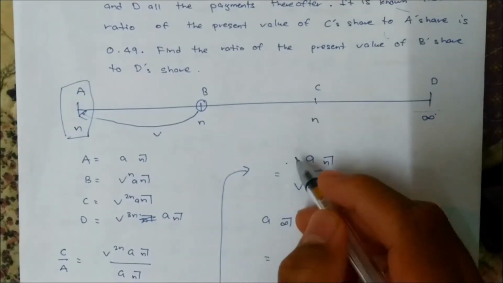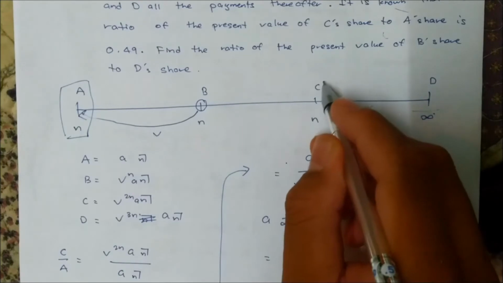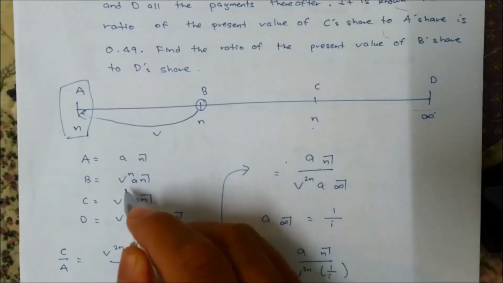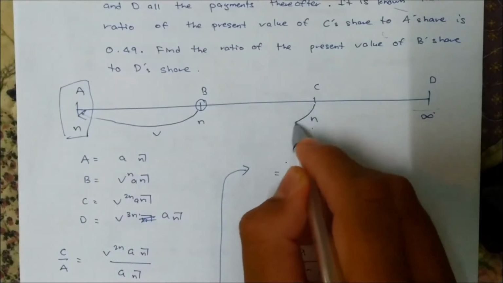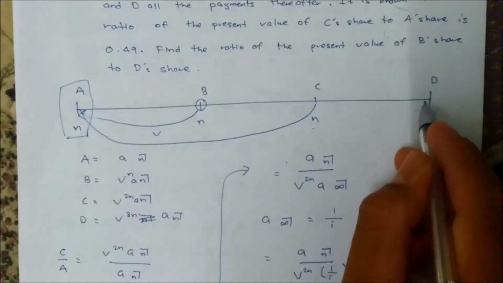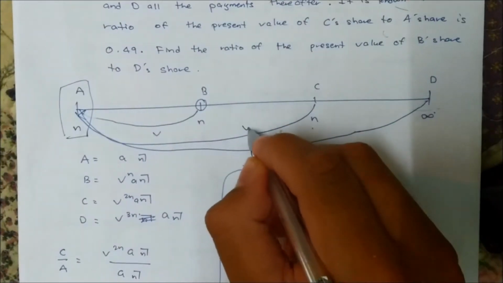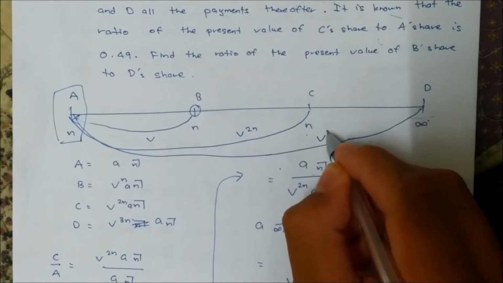This also applies to the other beneficiaries, C and D, so that's why there exists an interest rate here. This will be carried forward also, so V to the power of 2n here, and here V to the power of 3n.